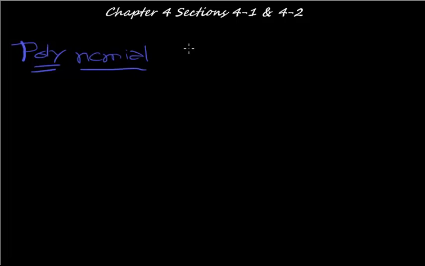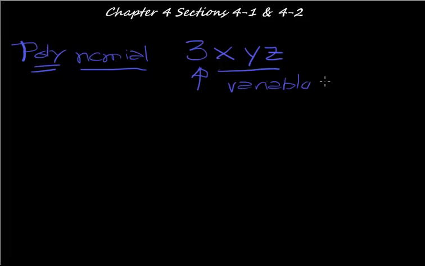Now we have some components, and you're already familiar with this. Let's say we had 3xyz. The 3 is a coefficient, which is the number in the front. Of course, x, y, and z are variables, and that's part of algebra. Algebra introduces the concept of variables. Now, unless you see it, the exponent is 1.